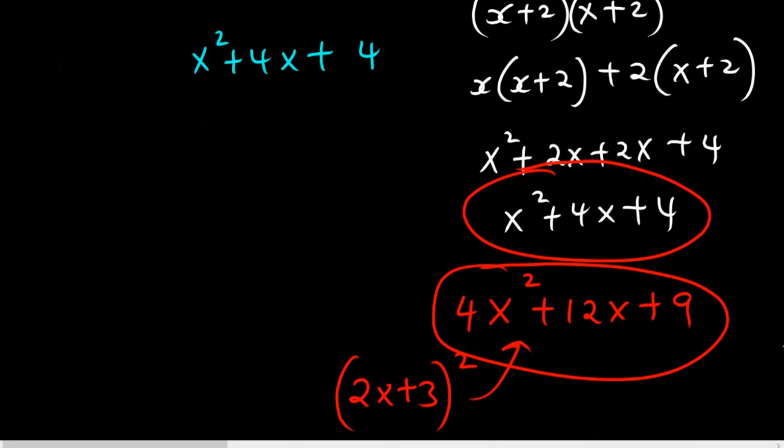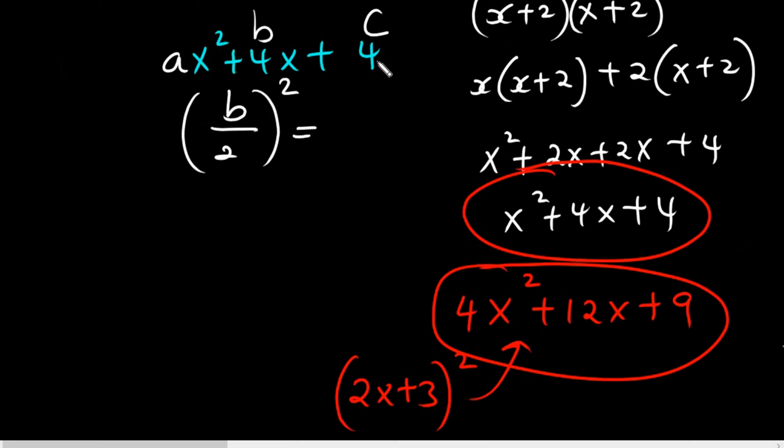Now, we said that the coefficient of x squared we can abbreviate as a, then the coefficient of x we can abbreviate as b, and this constant here, we can call it c. So this relationship is that if we divide b, or the coefficient of x, by 2, and then we square it, we are supposed to get the product of a and c. We are supposed to get a times c.